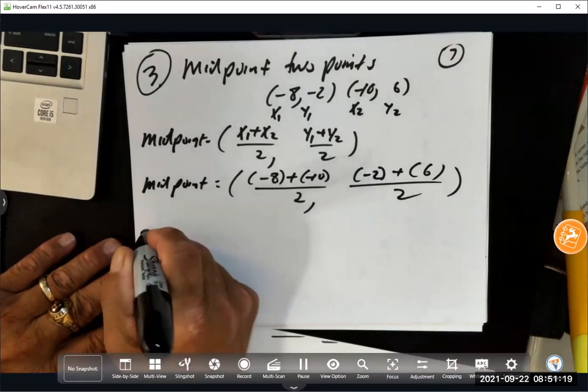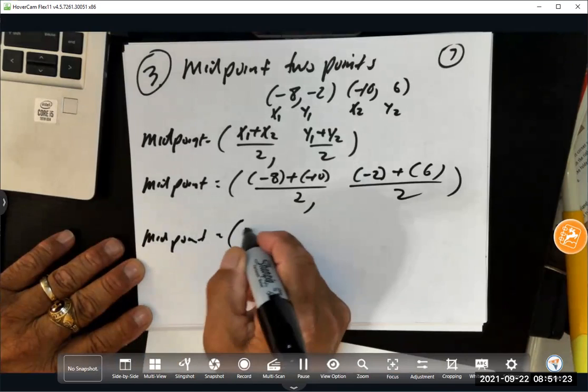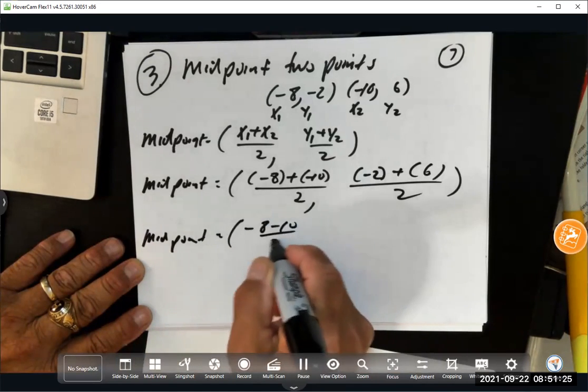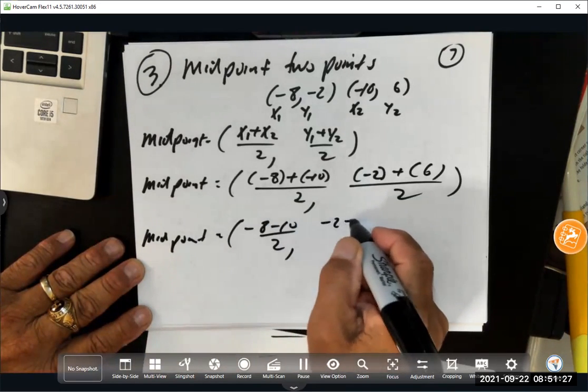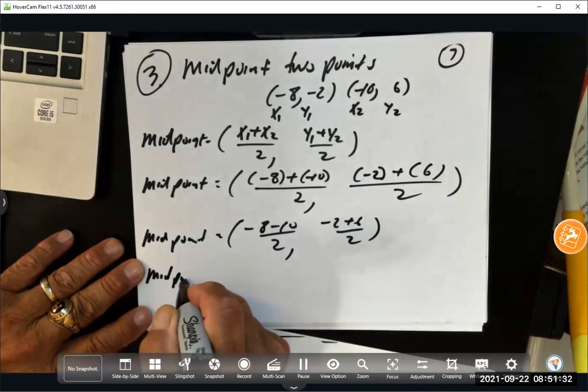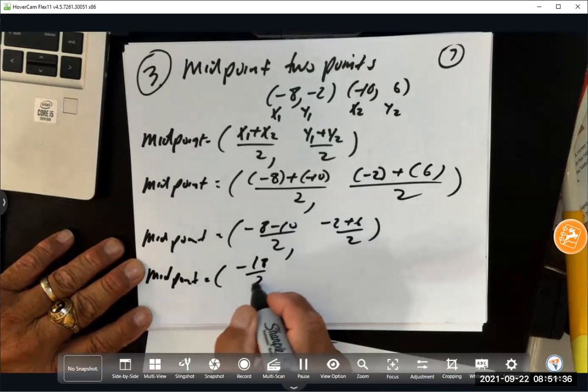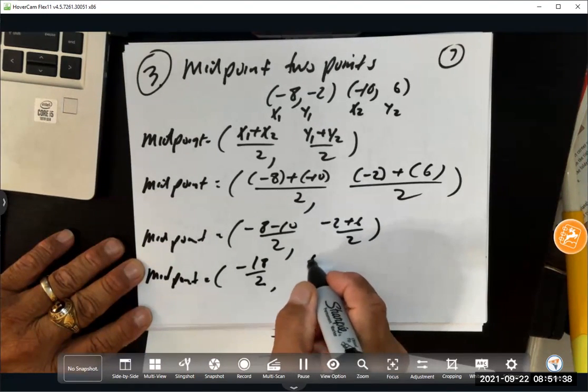So now let's do it again. So the midpoint is -8 and -10 over 2, and -2 and +6 over 2. So the midpoint looks like it's going to be -18 over 2 and 4 over 2.